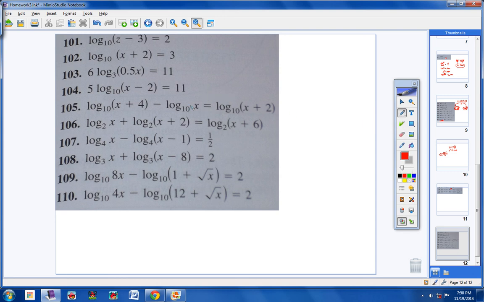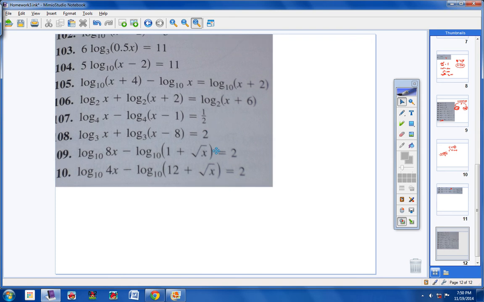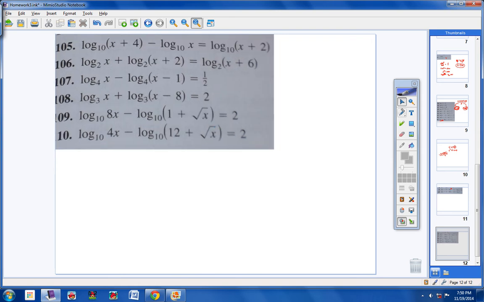Alright, number 105. Here we go. Alright, we have two logarithms being subtracted. Log base 10 of x plus 4, over x equals log base 10 of x plus 2.